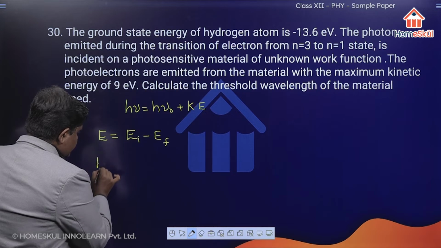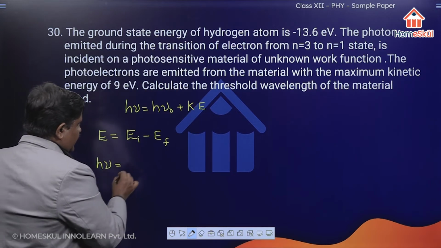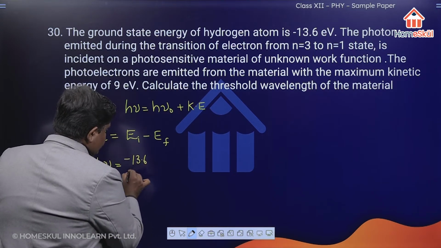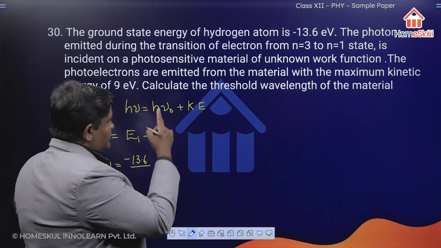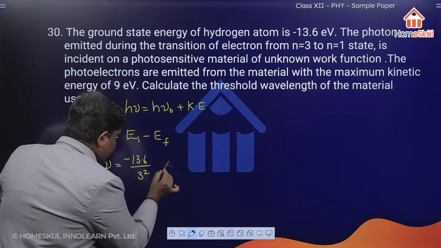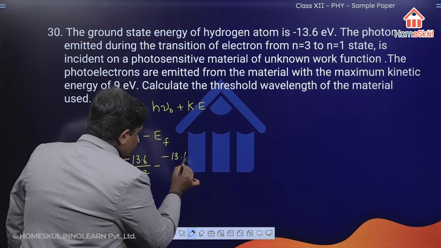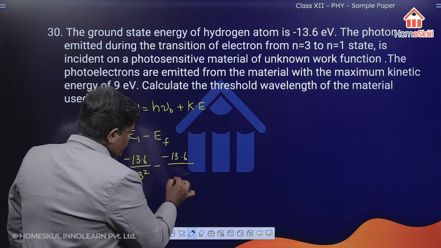That is, h nu is equal to minus 13.6 divided by 3 square, minus of minus 13.6 divided by 1 square.